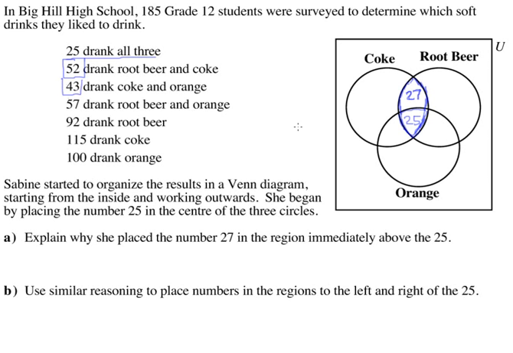There are 43 people who drink Coke and orange. That's this shape out here, including the center. So we have 43 in that group. 25 are already accounted for. 43 minus 25 tells us we need 18 more. Here they are. And finally, 57 people drink root beer and orange. That's this section out here.